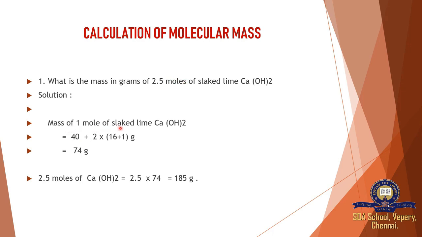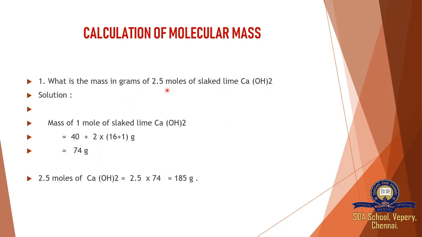First, the mass of 1 mole of slaked lime. Calcium's atomic mass is 40, then 2 times oxygen plus 1 hydrogen, totally 40 plus 34, we have 74 grams of calcium hydroxide.